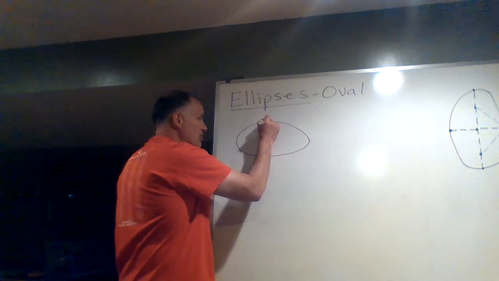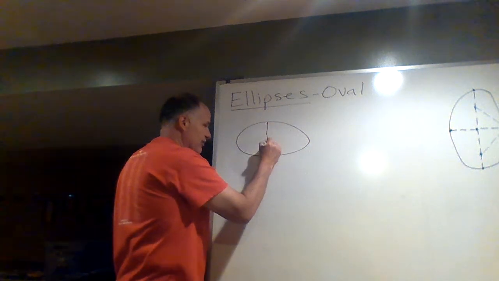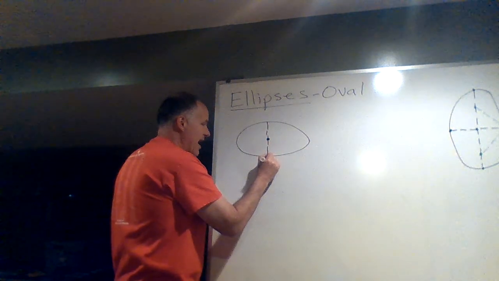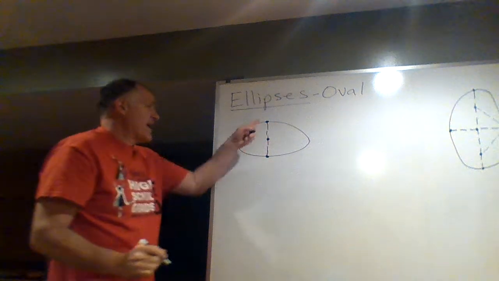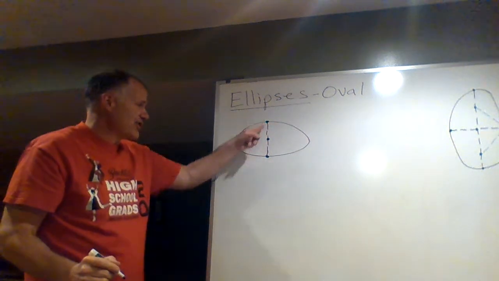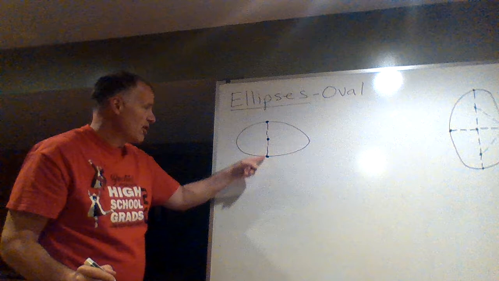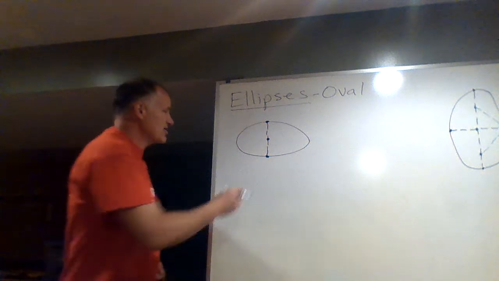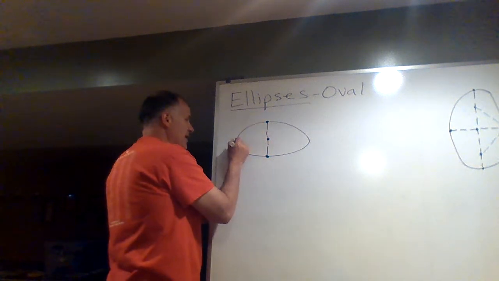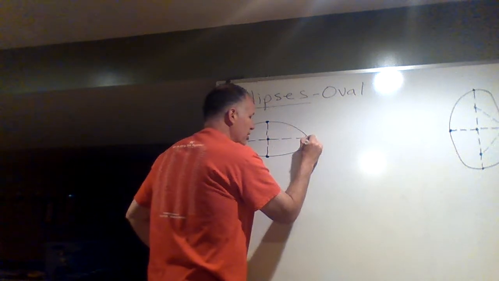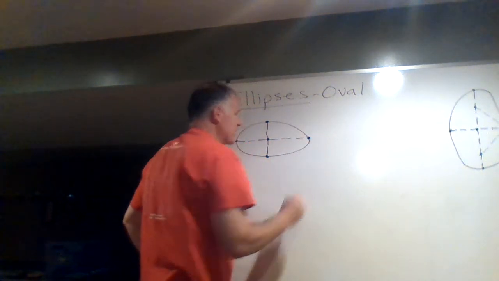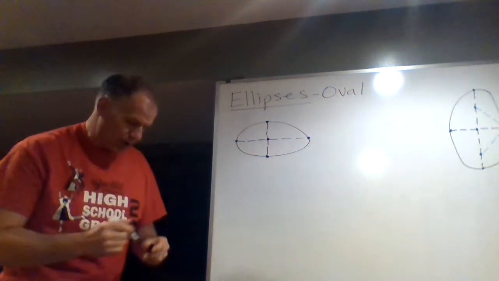Now, if I do a dotted line vertically through that, I can go through the center, okay? And I obviously have vertices on each side. Now this is the short distance, okay? And then there are also vertices that go across the middle, the long distance there.